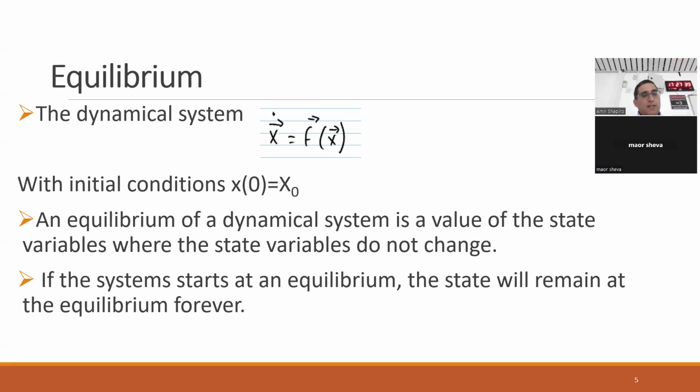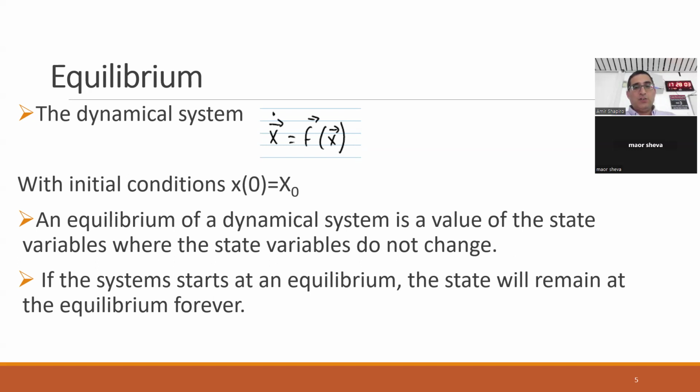So we have the dynamical system, we have initial conditions, x0, which is where the system starts. And then we need to define what an equilibrium of the dynamical system is.